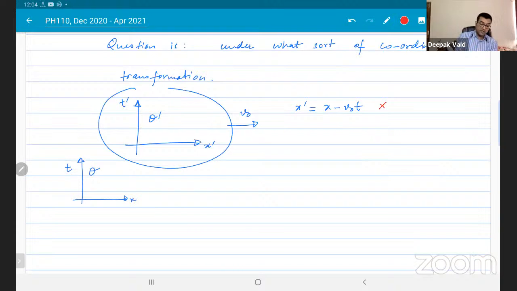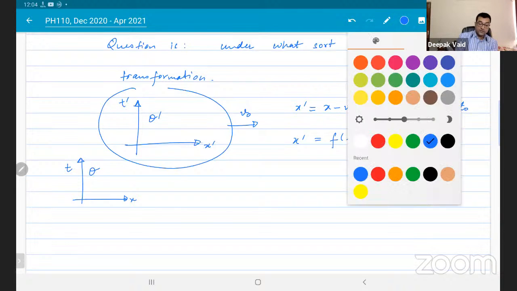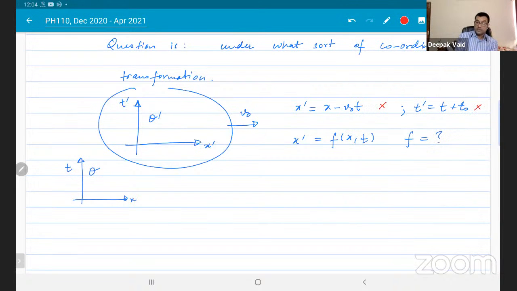There is some other transformation, that means there is some other function of x and t, right? What should be the form of this function f? And in the Galilean case, you also have this transformation for the time, but this whole thing is incorrect, right?